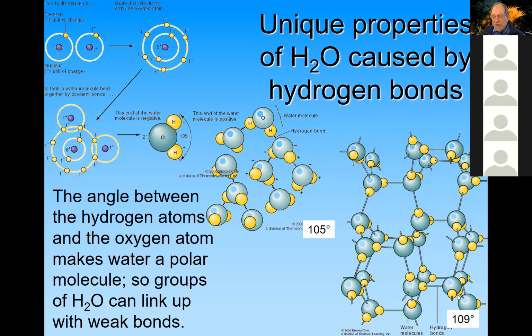And this increase in the angle means that the spacing, the density of the water actually decreases. And so this means that solid water, ice, is less dense than liquid water at its maximum density, 4 degrees Celsius. So ice floats. And so this is one of the unique properties.